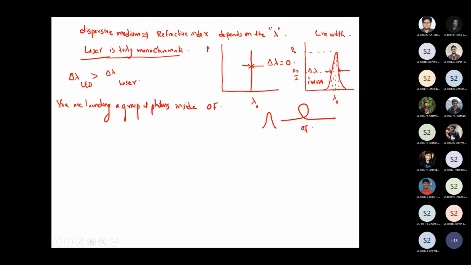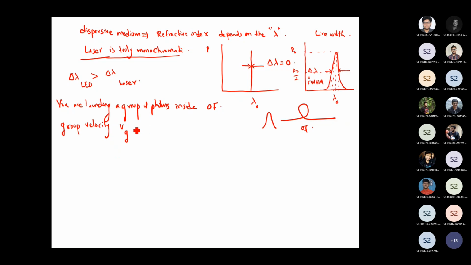Each of these photons has a slightly different velocity, a slightly different wavelength, and a slightly different propagation constant. Since you are launching a group of signals, this group travels with a velocity called the group velocity, which I denote as Vg.